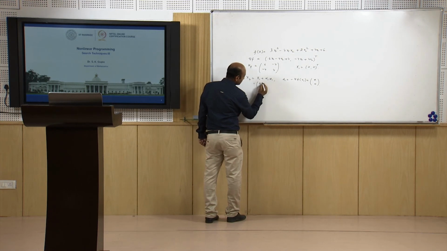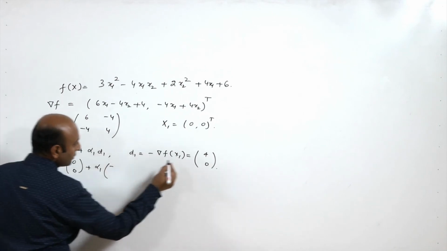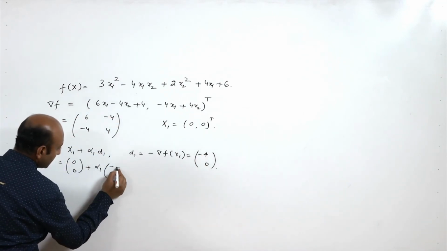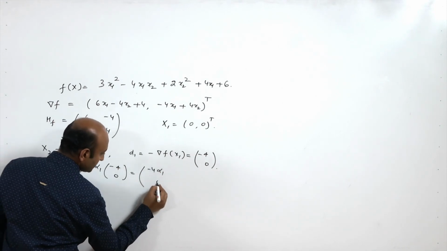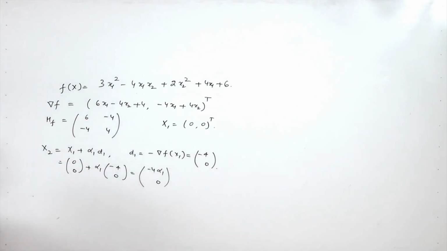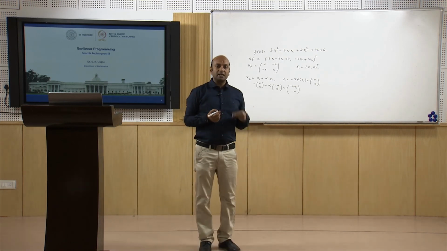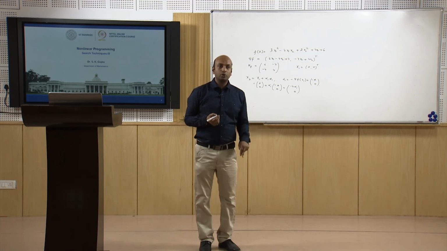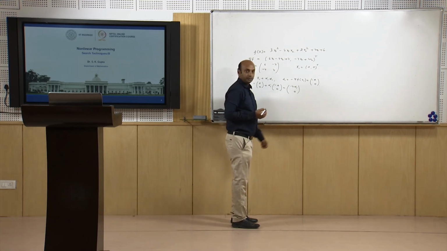So, it is (0, 0) plus alpha 1 times (minus 4, 0), and this implies (minus 4 alpha 1, 0). So, it is x2. Now, to find alpha 1, substitute this x2 in the given function, put its derivative equal to 0, and find the optimal step size alpha 1.